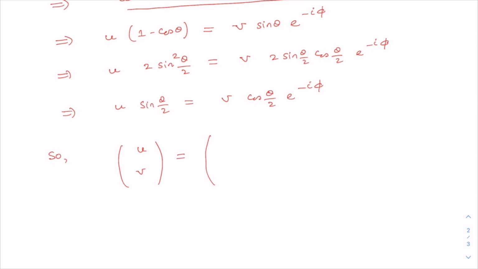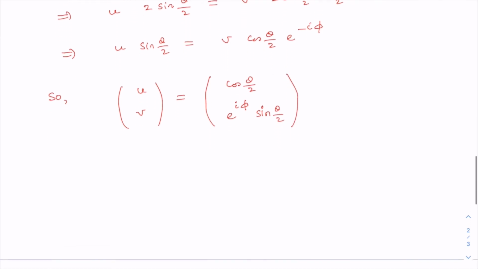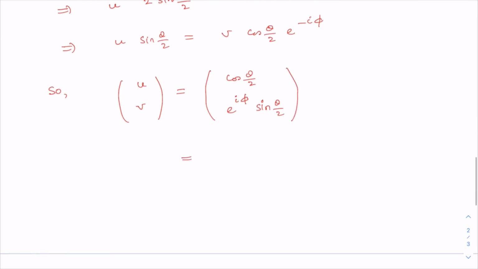Let me write u is equal to cos theta by 2, then I must have v as e to the power plus i phi sine theta by 2, and this I can express as cos theta by 2 (1, 0) plus e to the power i phi sine theta by 2 (0, 1).